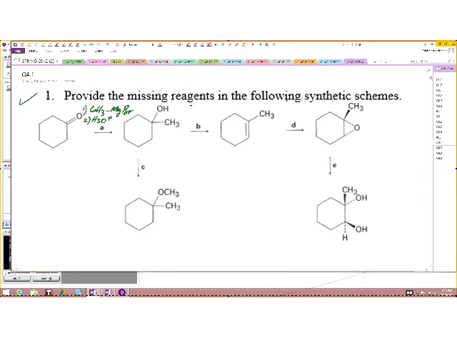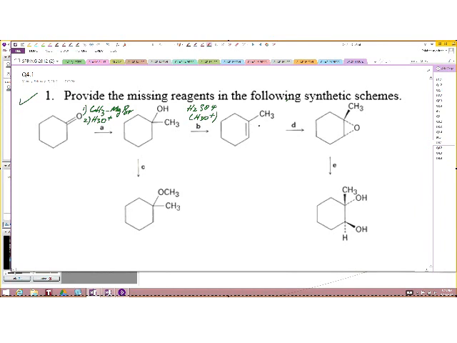H2SO4, well, that will work. Or if you simply have hydronium ion, that would be fine also. Just knowing your reagent, that's what all of this requires. If you don't know your reagent, you can't do this.